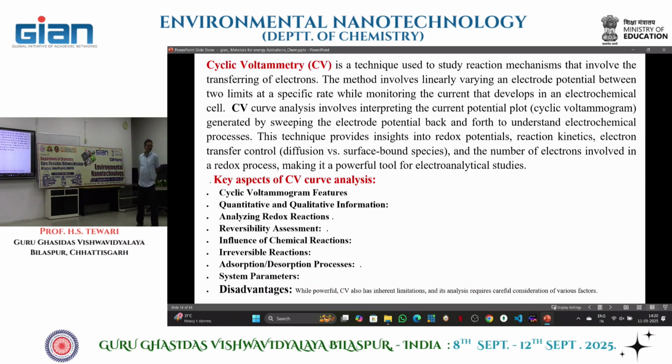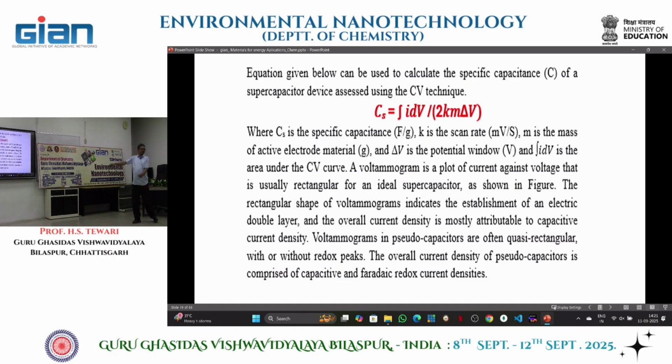So this is cyclic voltammetry, CV. In electrochemistry, you have 2 or 3 electrode setups also. A number of parameters you can realize through this CV measurement. Actually, in cyclic voltammetry, we are plotting current versus voltage, and the nature of the relation between these two will depict the type of supercapacitor. This is the equation used for calculation of specific capacitance, in farad per gram.